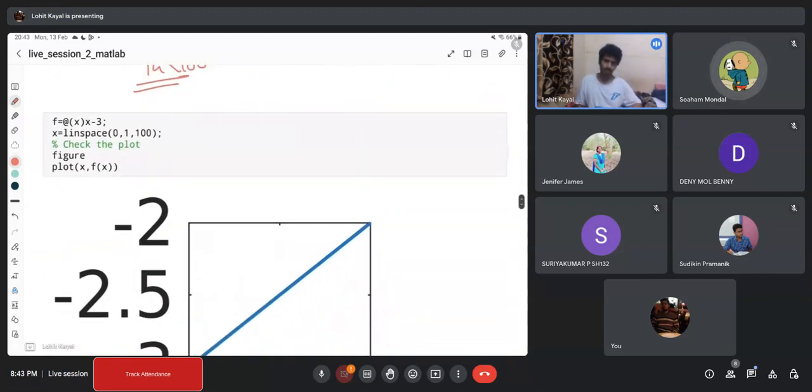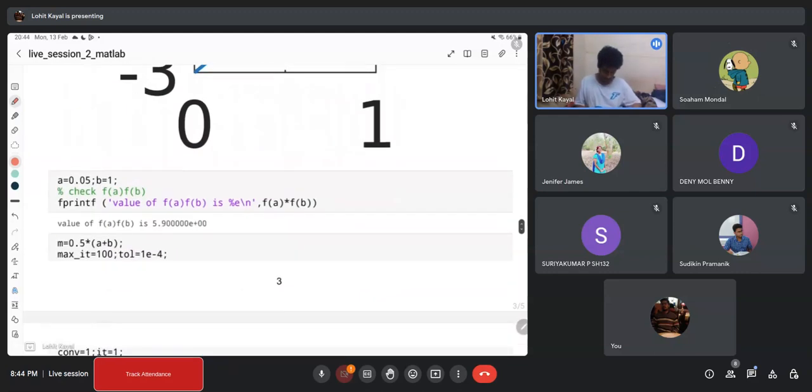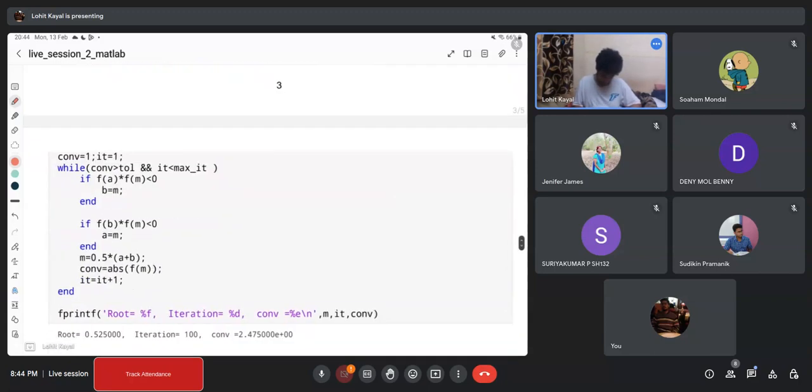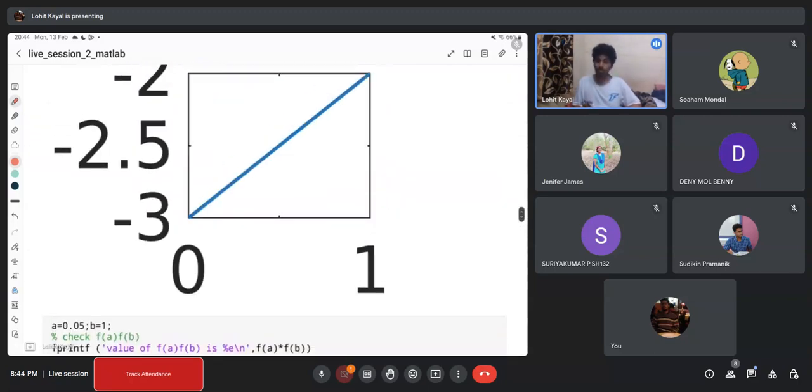So this is another example, with a simple function, just to show that even in the case of a simple function, it will take time to converge. The function is x minus 3. I am doing the same operation. Suppose you take your initial guess wrong.